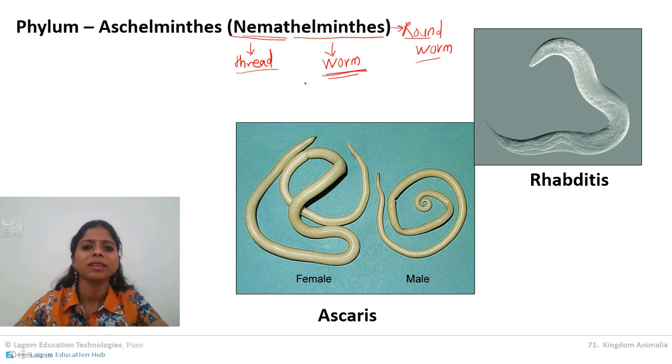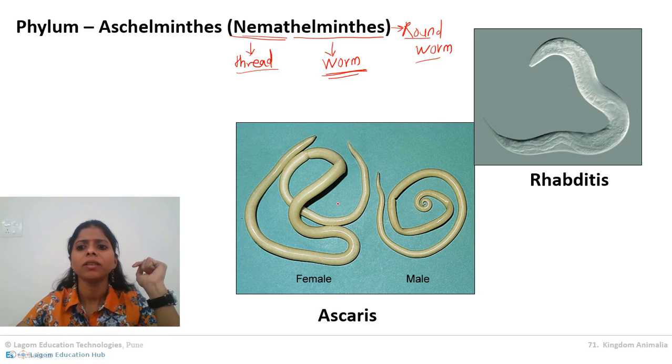Now let us try to understand some more things about them. These animals are generally called nematodes. When we consider these roundworms, they are basically very small worms, usually a few micrometers to a few millimeters in length.